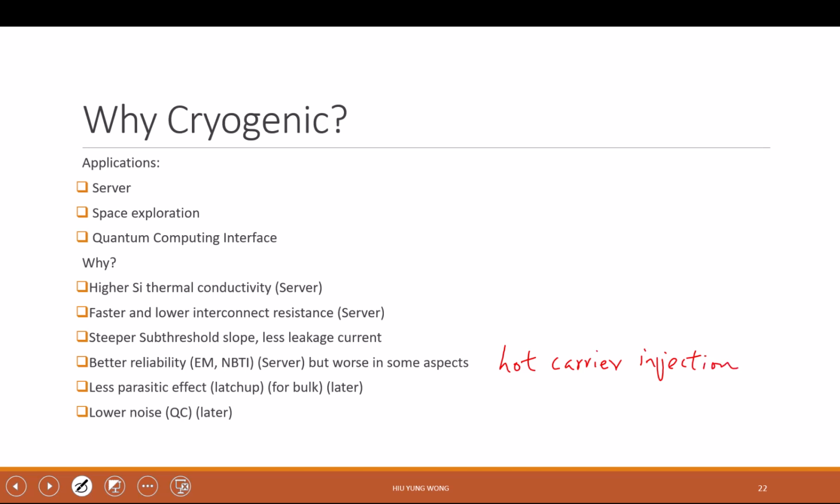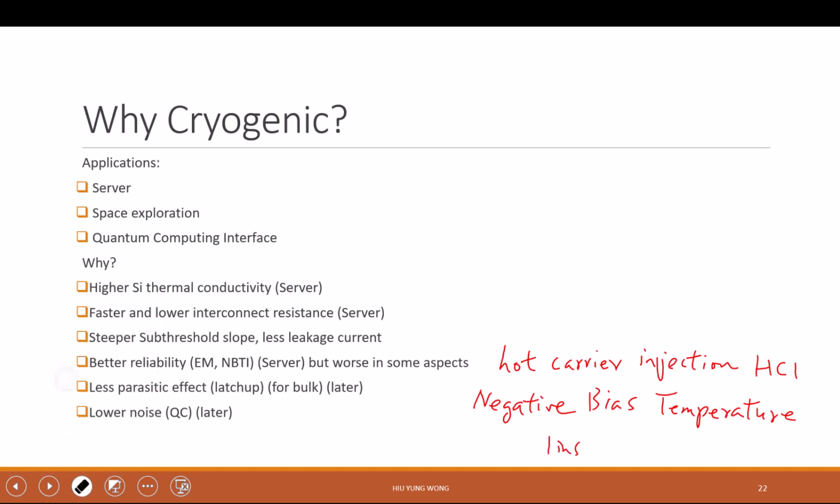And so we also have this so-called NBTI, negative bias temperature instability. This is HCI. NBTI is negative bias, mostly for PMOS. I don't require you to understand it, but I require you to know what I'm talking about.